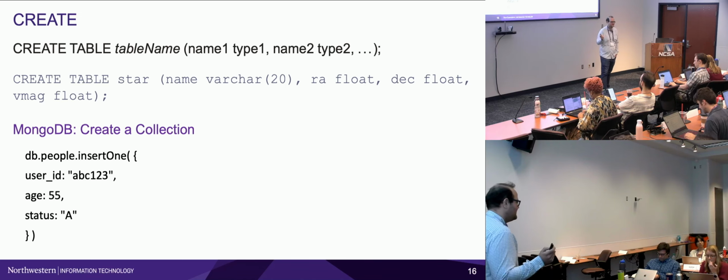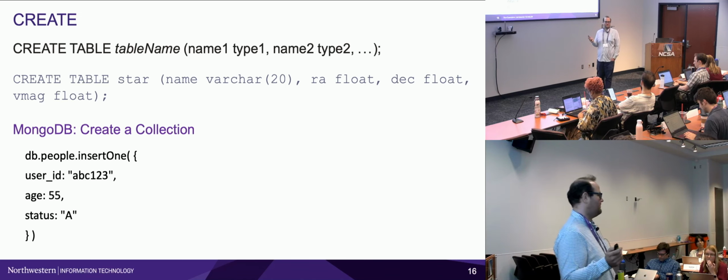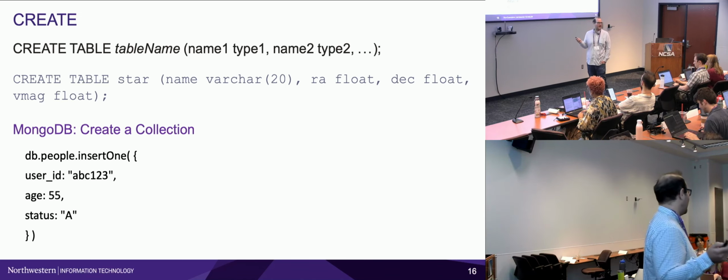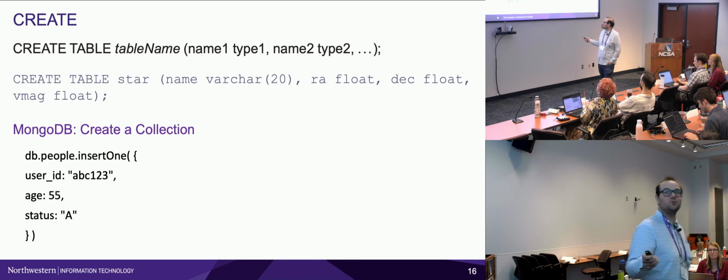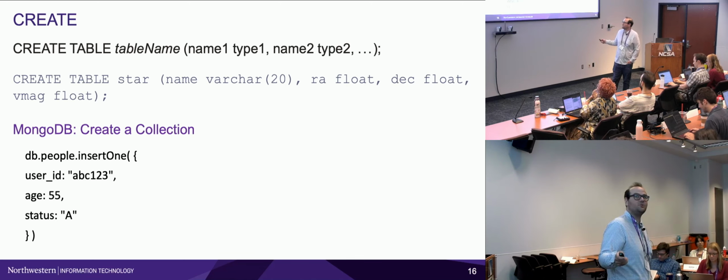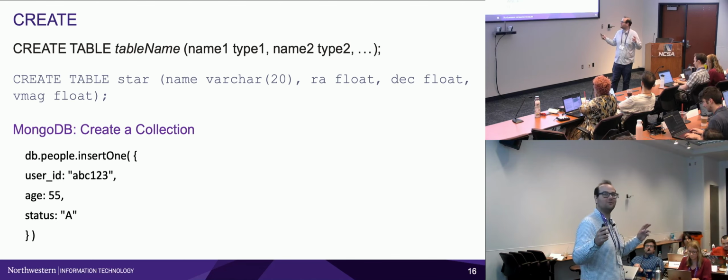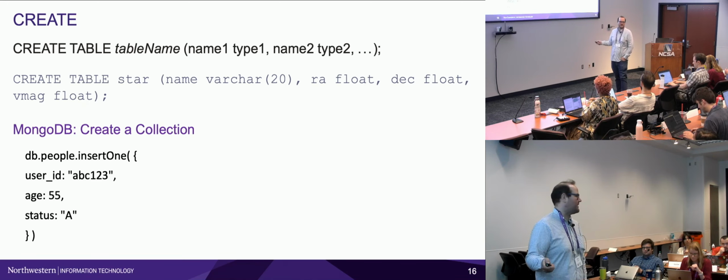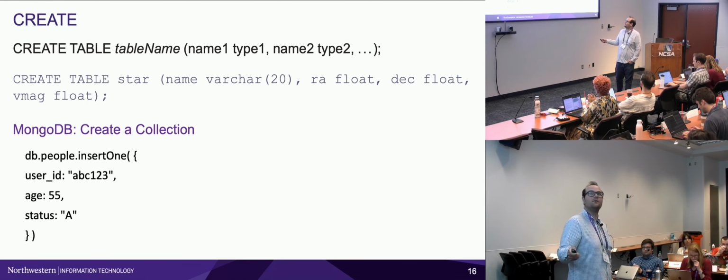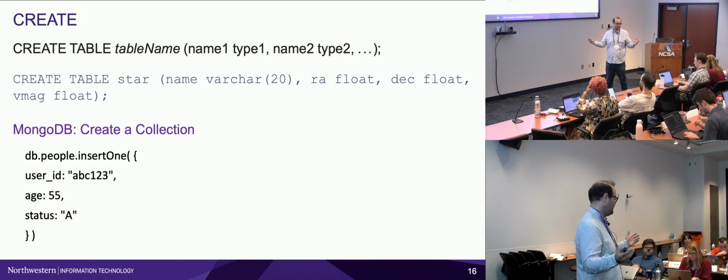What's the first thing? It's a dictionary. So to insert a row into not a table, a collection called people, you literally just make a dictionary. The key user ID, key age, and key status are essentially your columns.